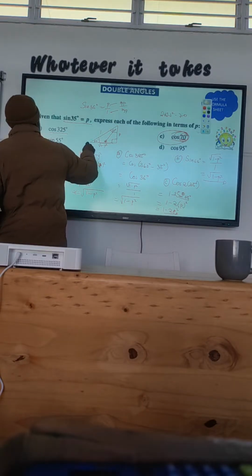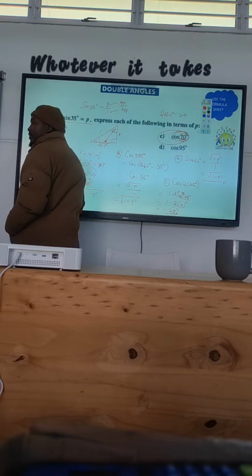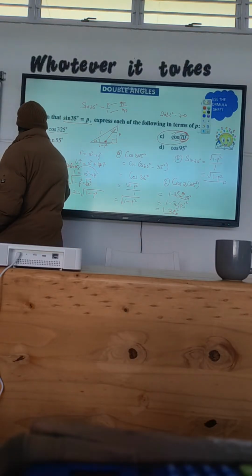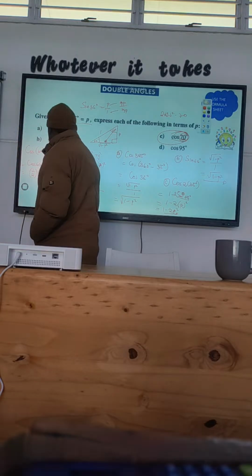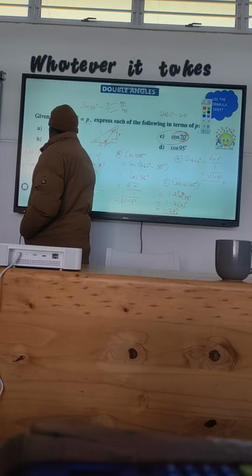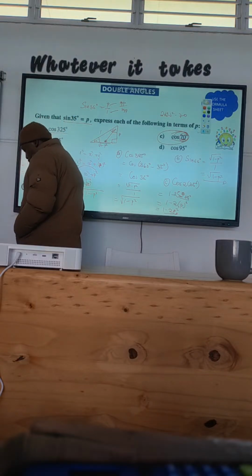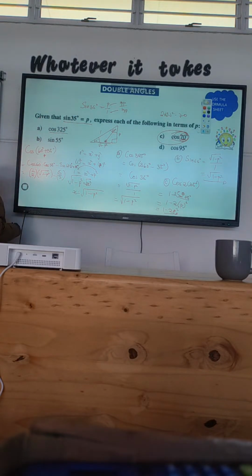The cos of 35 from the triangle is the square root of 1 minus p squared. The sine of 60 is square root of 3 over 2. And then we multiply it by the sine of 35, which is just p.